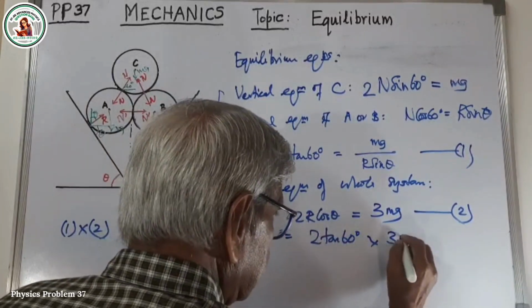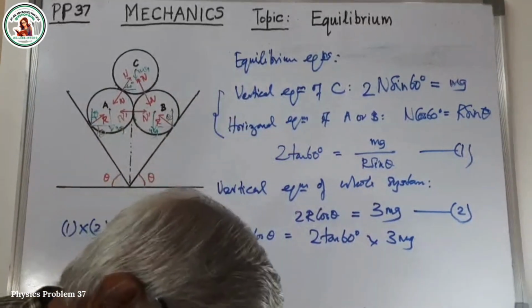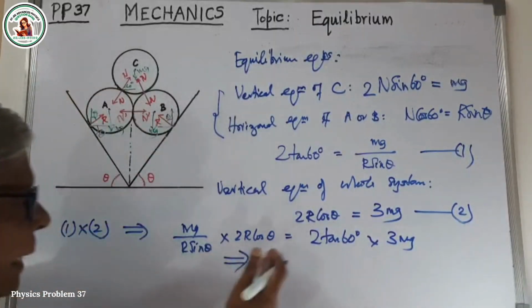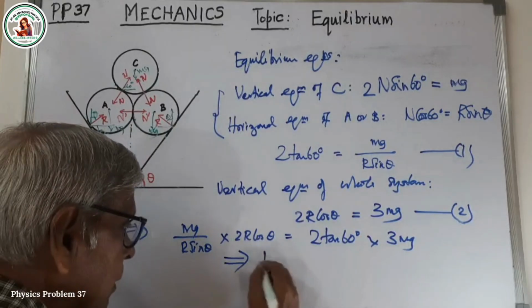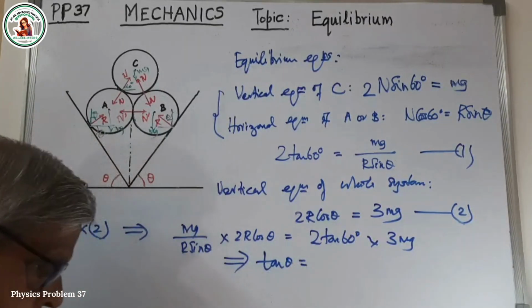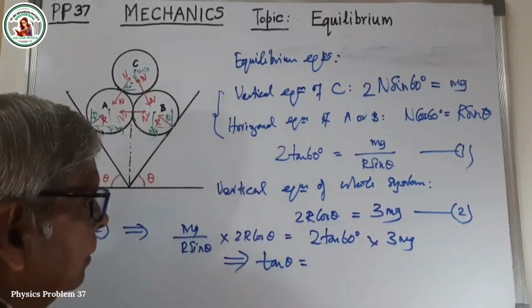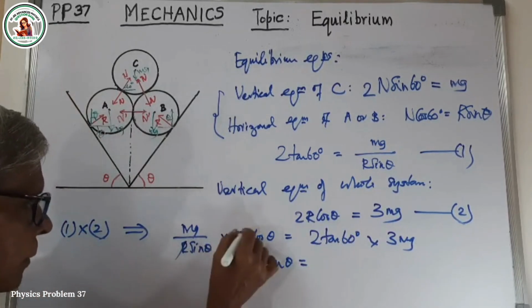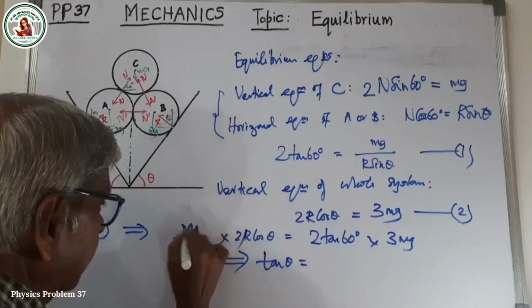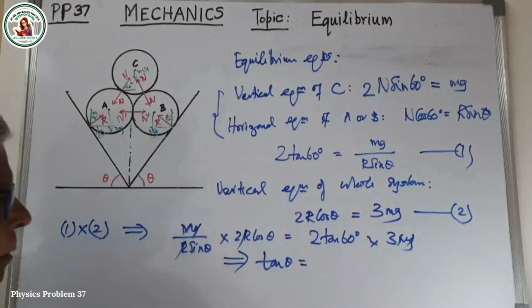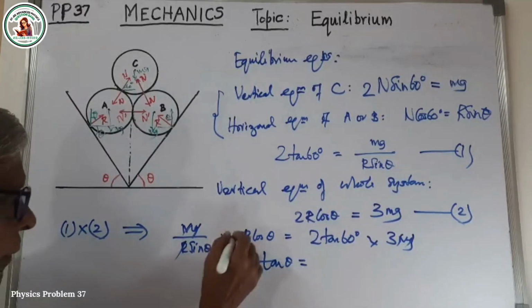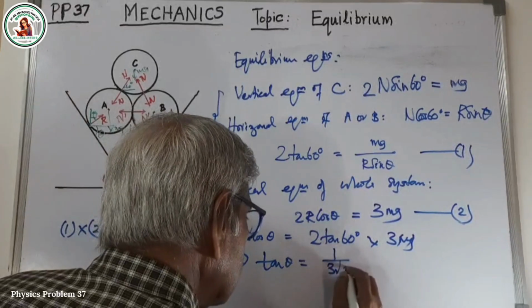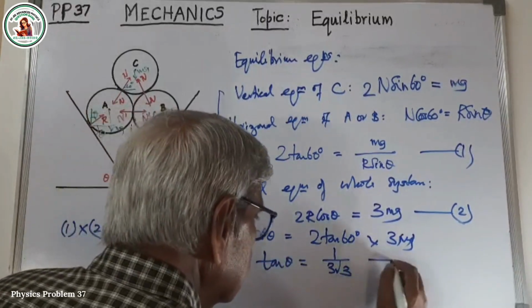So that gives us immediately the tan theta value. Tan theta equals, substituting, this is root 3, R will cancel, mg will cancel, 2 also will cancel. After that, tan theta is equal to 1 by 3 root 3. That gives us the required angle.